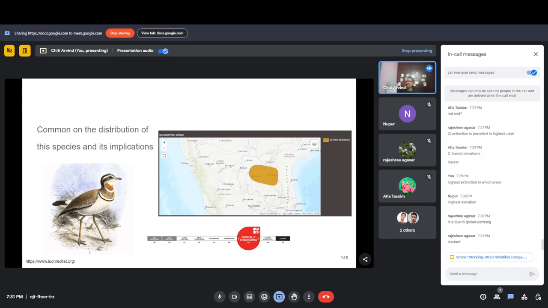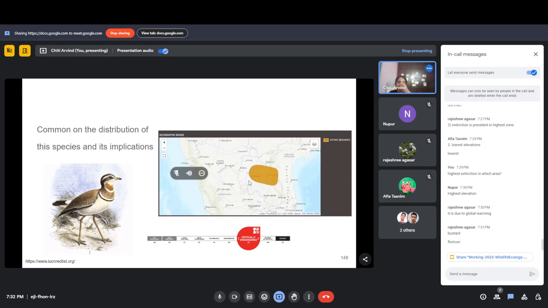Bustard. Okay, it's not a bustard. I should have probably put a clearer map, but not the florican either.